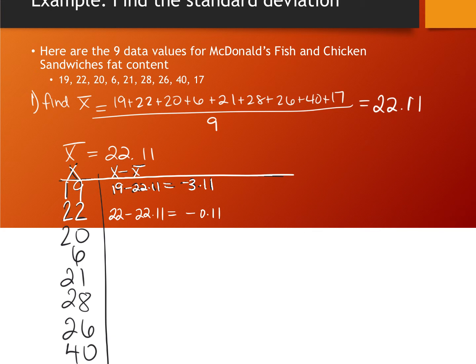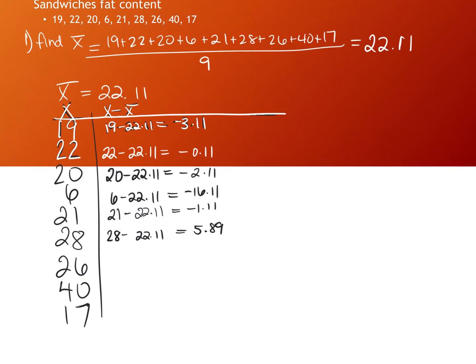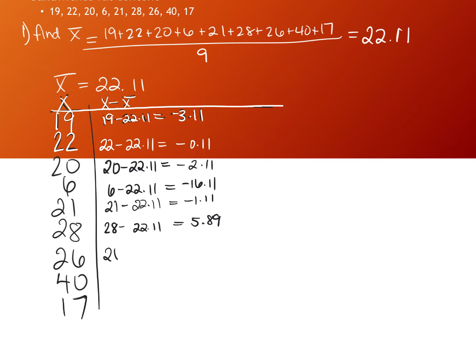Take a second and find all of the deviations. So we should be subtracting the data value minus the mean. It's always minus the mean.